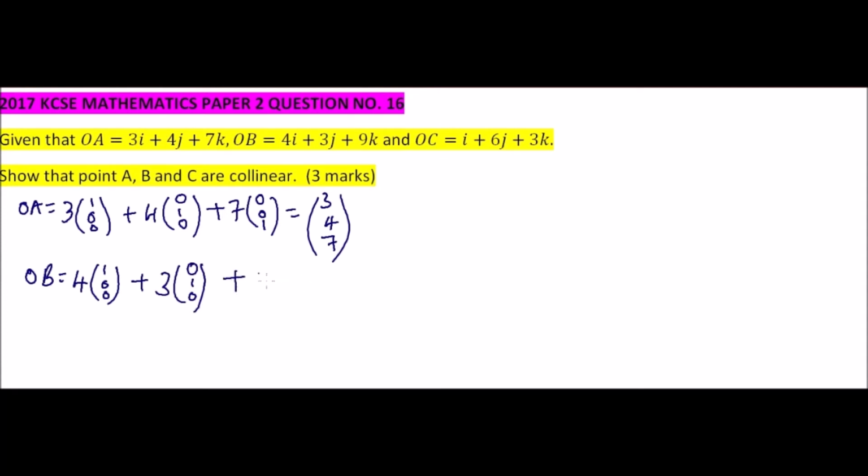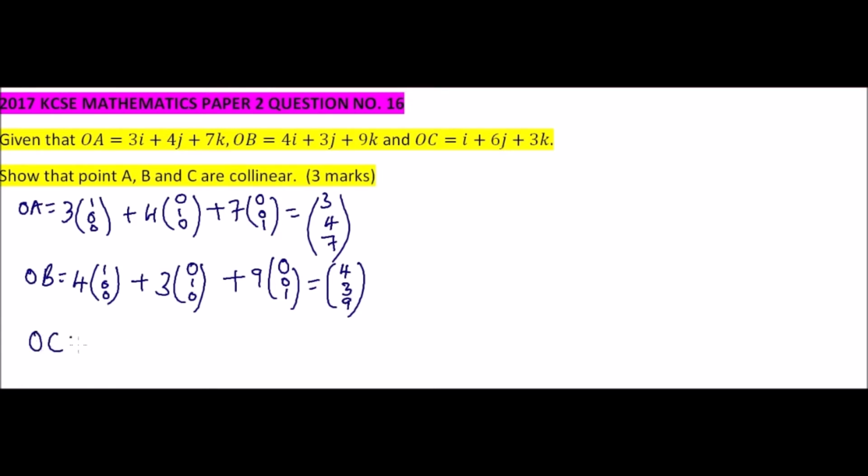Plus, the other one is 9, and our k is 0, 0, 1. So when you open the bracket, this will be 4. Here we have the center value is 3, and the last value, or k, is 9. So our vector will be 4, 3, and 9.